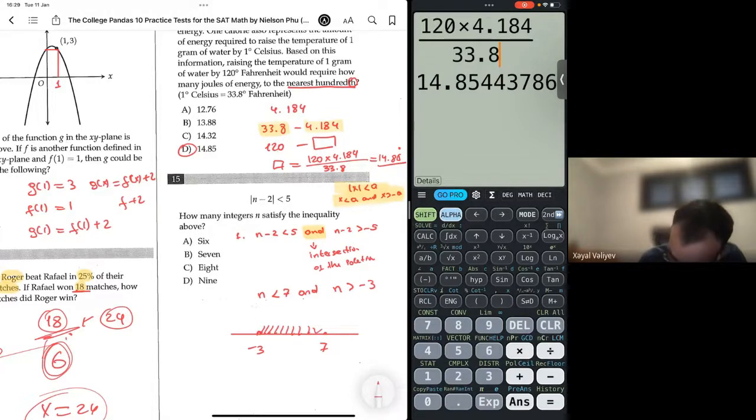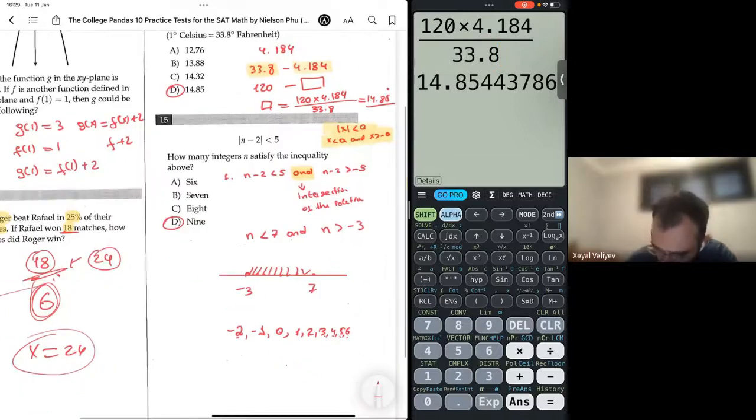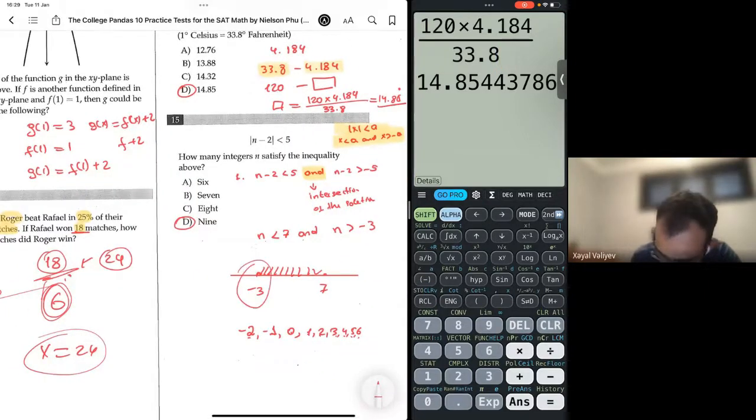How many integer solutions? We have negative 2, negative 1, 0, 1, 2, 3, 4, 5, and 6. That's 1, 2, 3, 4, 5, 6, 7, 8, 9. The answer is 9. Okay? Did you get it? Yeah. Why am I not considering negative 3 and 7? Why am I not taking them as an answer?